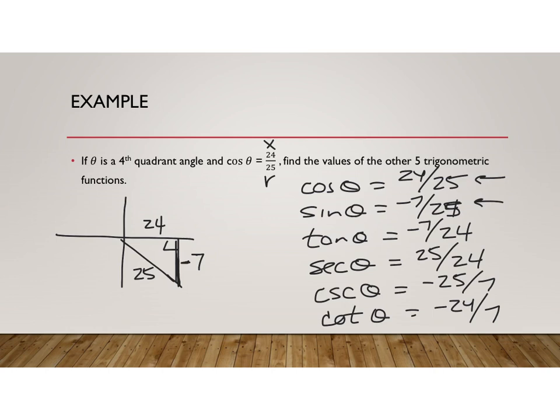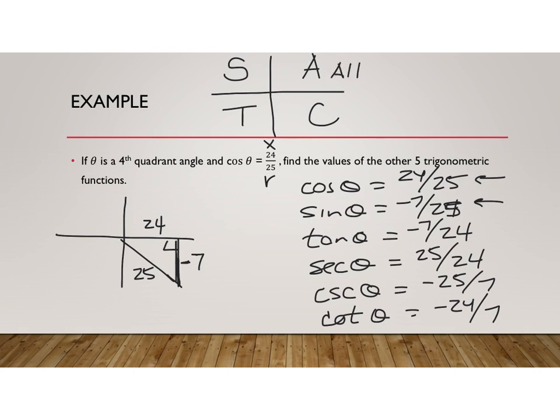So as you do these, remember that you'll see that always 2 of them are positive and the rest are negative. One thing to help you with this is a little acronym called a SMART trig class. This tells you which ones are positive in what quadrant.